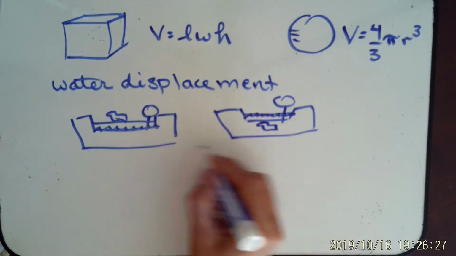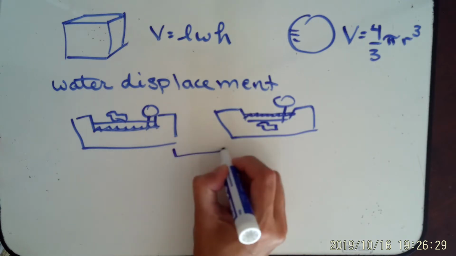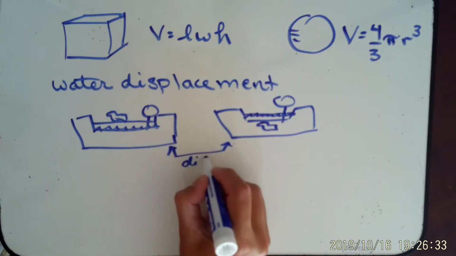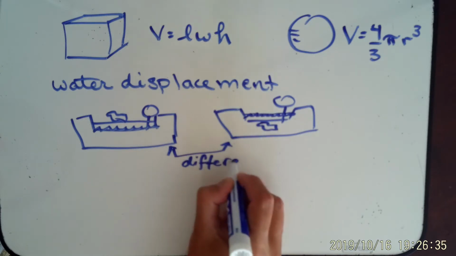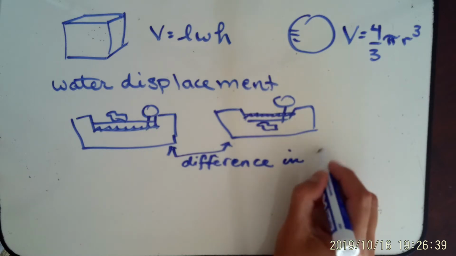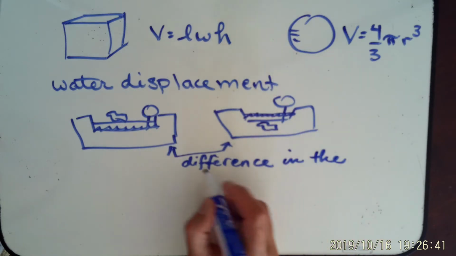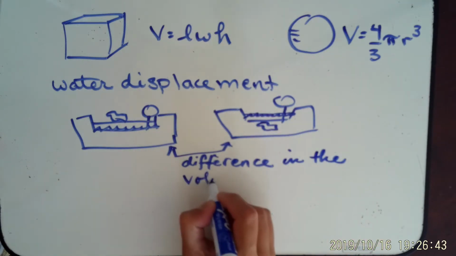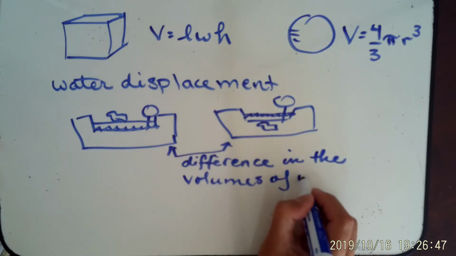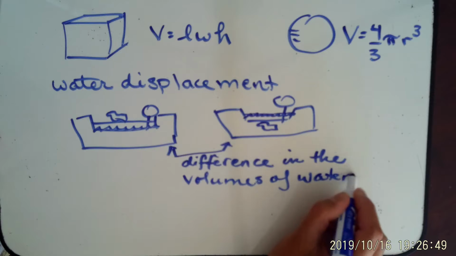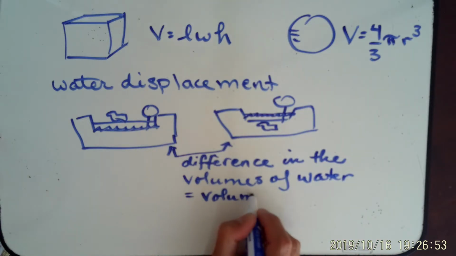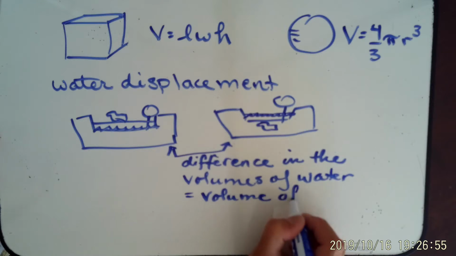So if you measure the difference in the volume of the water, that difference will be equal to the volume of the duck.